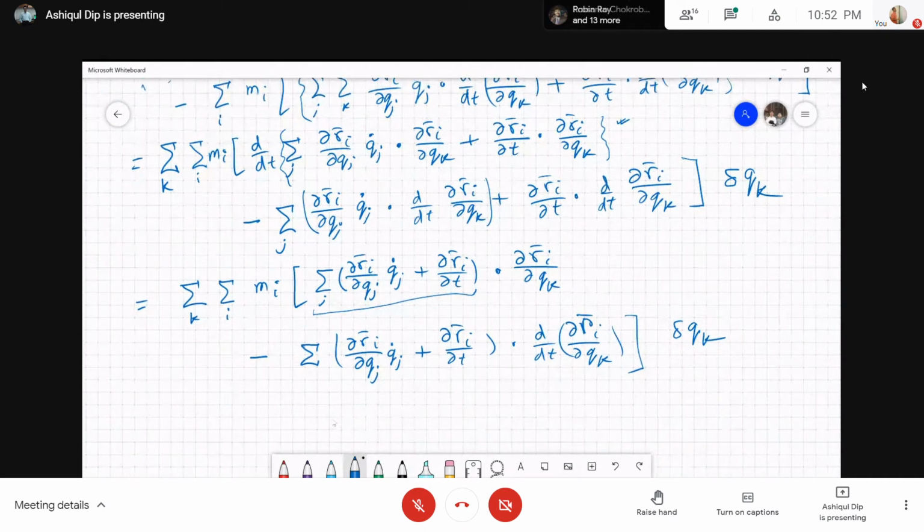But the question is, did I miss something? I think I missed one thing. This ddt, right? Where did I write that ddt? Like I just wrote this sum. That's fine. But this whole above term, the ddt was in the above term.